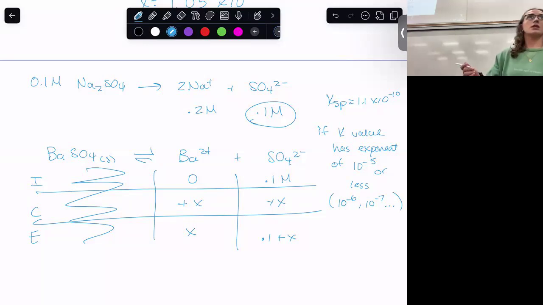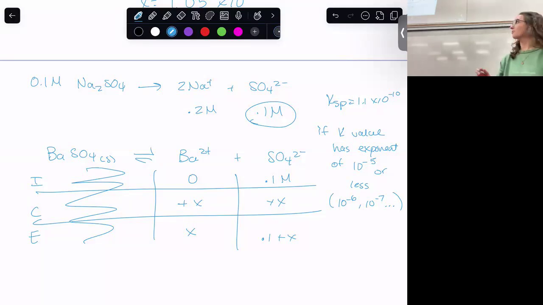Is it basically in water, or how does it relate to what it's in? Since it's 0.1 molar sodium sulfate, it's saying that the sodium sulfate is dissolved in water. So you have a solution of 0.1 molar sodium sulfate that you're dropping that barium sulfate into.